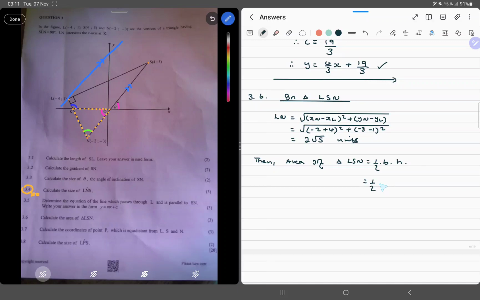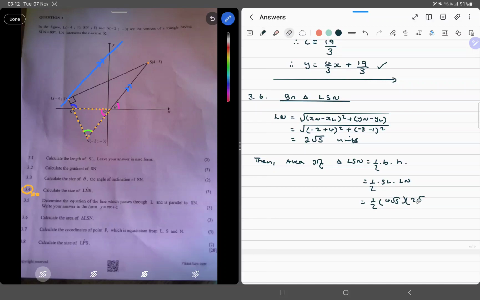Now this is a half of the base side. We're going to say SL times LN. Okay, substitute. This is a half SL. We found 4√5 above, and then this one is 2√5.